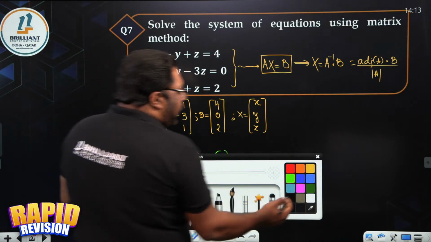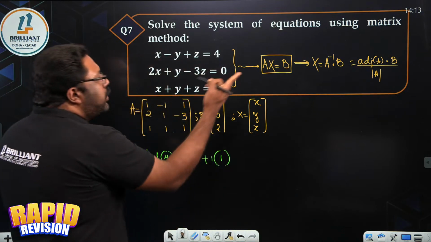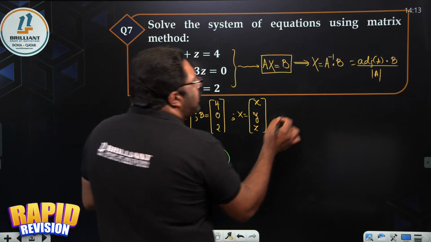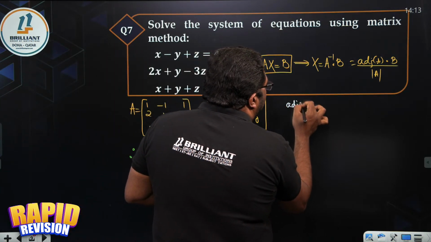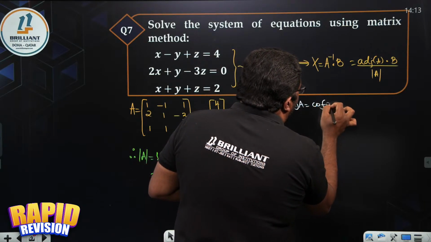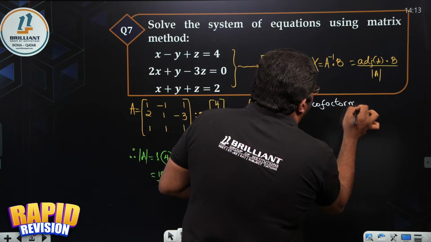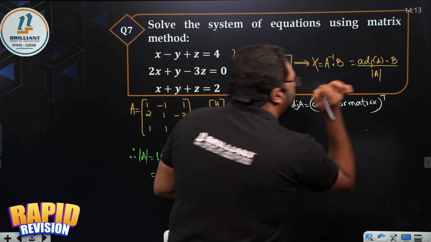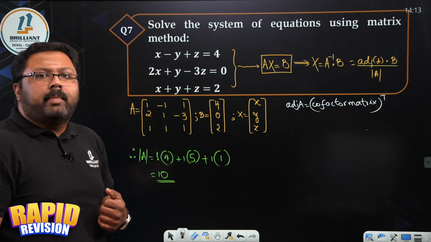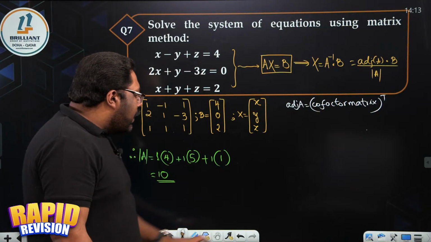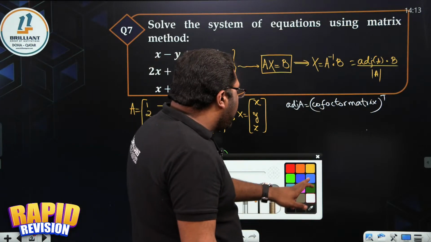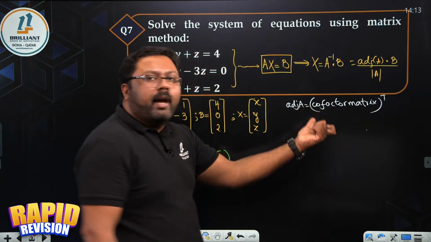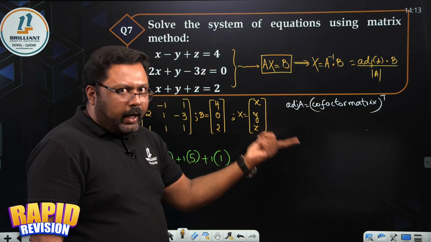Now, how to solve this? You have to go for finding the adjoint of A. And we know that adjoint is equal to the cofactor matrix transpose. Now, those who are not familiar with this technique of finding the cofactors can do it now.